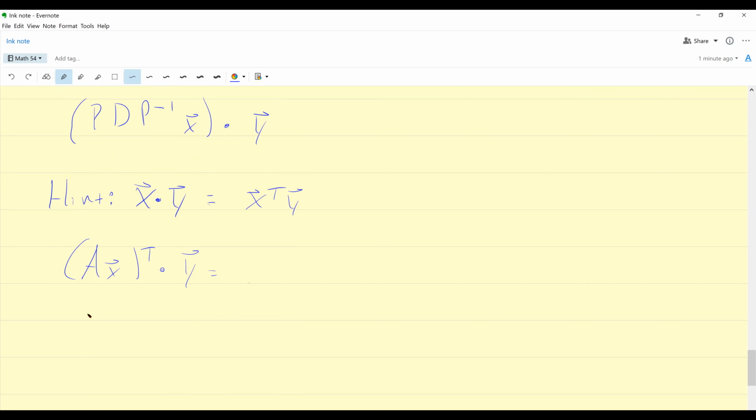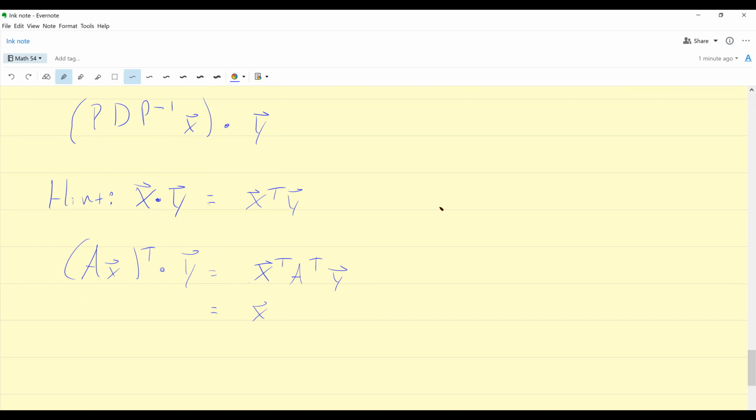So remember when we take the transpose or inverse of a product of things, what do we have to do? Oh, flip them. Yeah, you have to switch the order. So it's X transpose A transpose. And then what's next? And then X transpose is equal to just X.